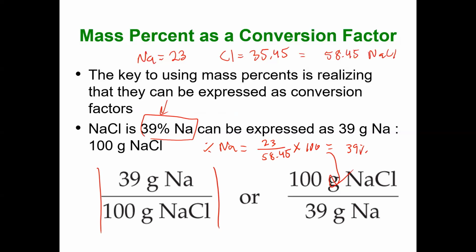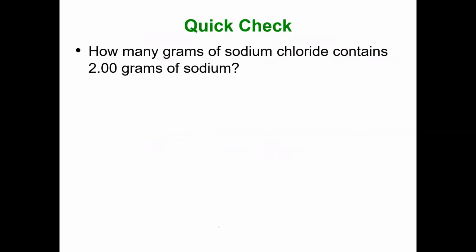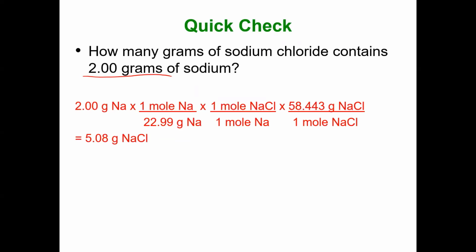So we can go back to problems like we started out with and figure out, well, how many grams of sodium chloride do I need to consume to get the 2 grams of sodium, right? So I start with 2 grams of sodium and I figure out how many grams of sodium chloride. So we can do a long way, right? Using mole ratios.